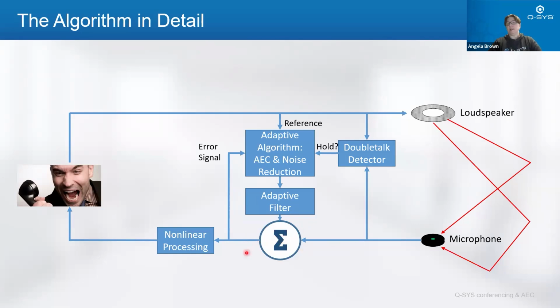Once that happens, though, again, the world is not perfect. And there's always some sort of slight remnants. If you've actually dialed in an echo canceller, you will start to understand, and you'll hear what I call artifacts. In Q-SYS, we call them our error signals. So basically, after this adaptive filter has done its operation, done all the echo cancellation on the signal coming from our microphone, there's stuff left over.